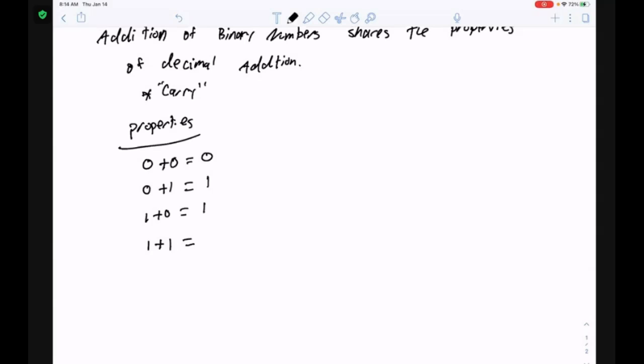So if this was in decimal, 1 plus 1 would be 2. What is 2 in binary? Can anybody remember how you represent the decimal number 2 in binary? It's close. You're getting close, Asia.